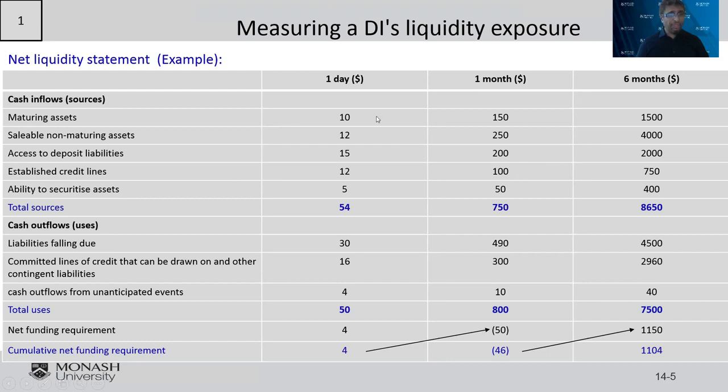Now, the interesting thing is you can do it for 1 day, 1 month, and 6 months. You can do this on a daily basis, on a monthly basis, quarterly basis, or even semi-annually. So in this case, if you use 1 day, the total resource is 54. And the total uses is the liabilities falling due, which means people who are going to receive their payments, some of them like the CDs, the commercial papers, the bonds you are issuing.